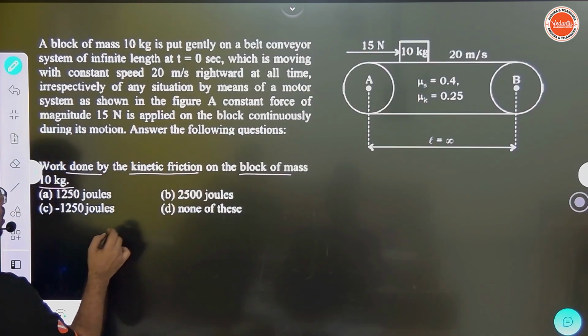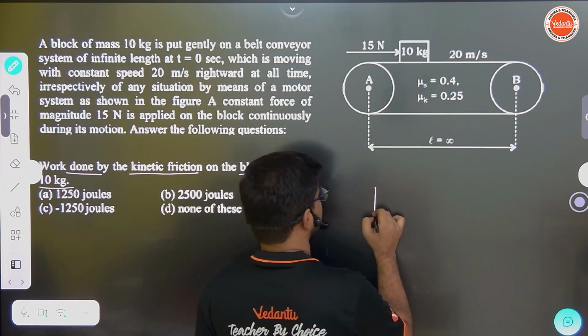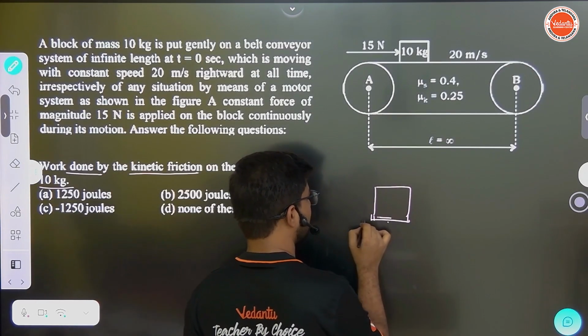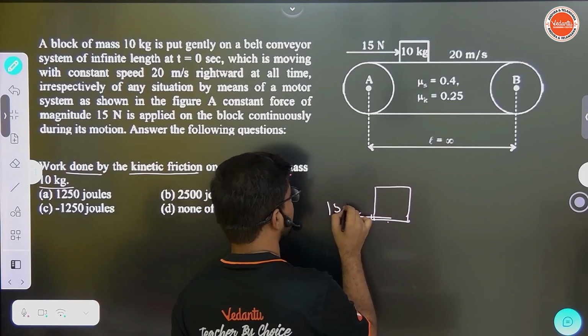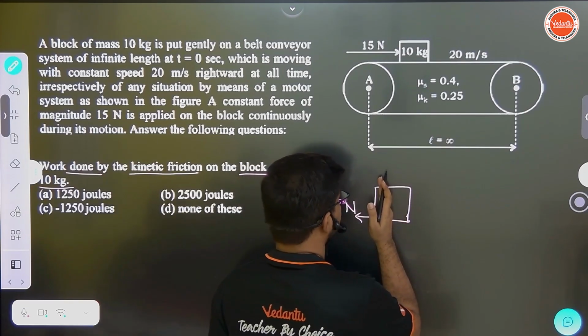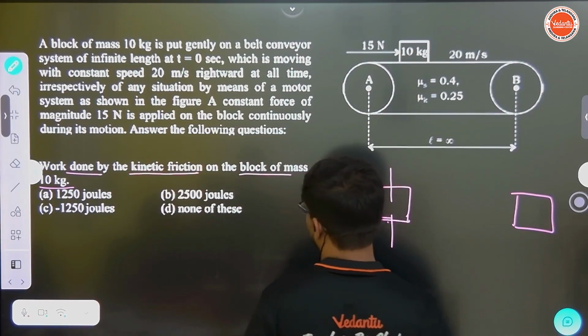Okay, let us see what is the work done by the frictional force on the 10 kg block. On the 10 kg block, your friction force, exactly equal to 50 newtons, will act in the backward direction, and it is going to get displaced in the forward direction.